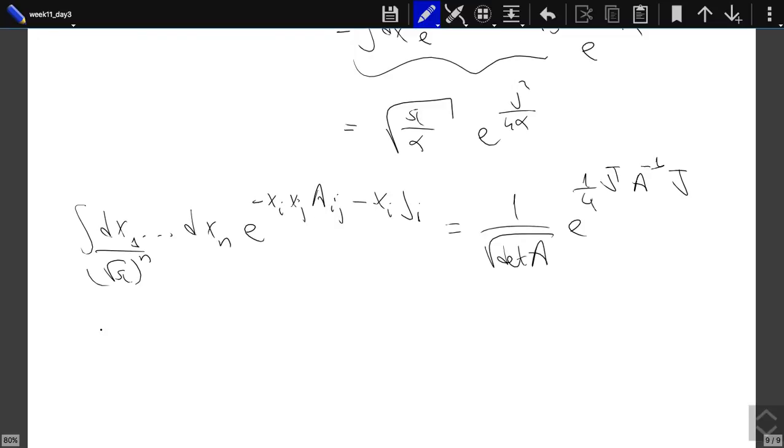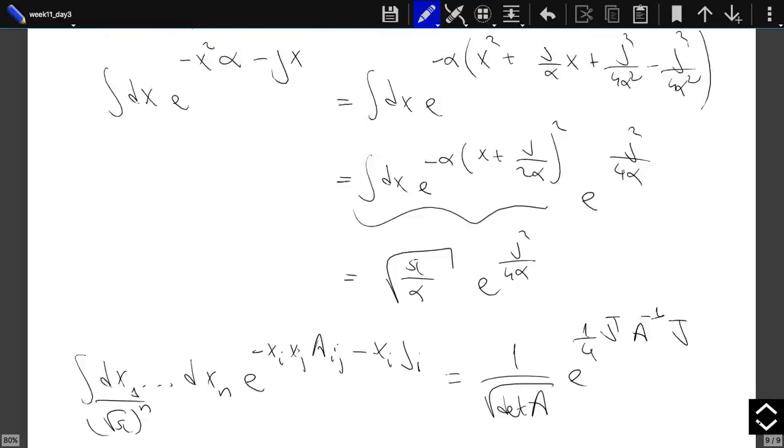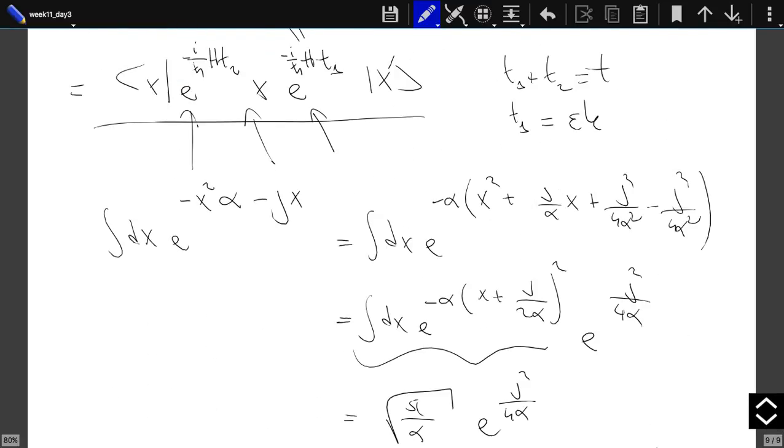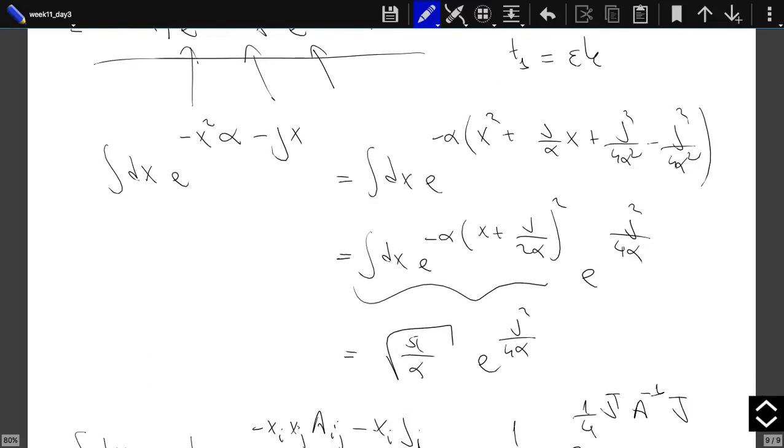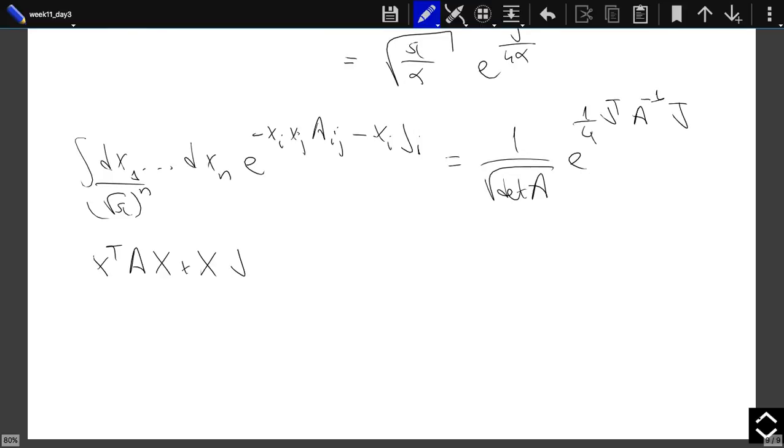You see, here we have x transpose Ax plus x transpose J. Let's see what we had done over here. We had replaced x by x minus j over 2 alpha. I'll just do the same thing over here.